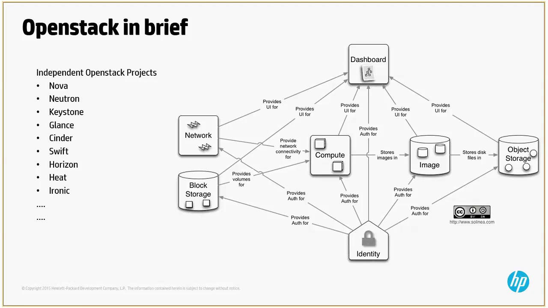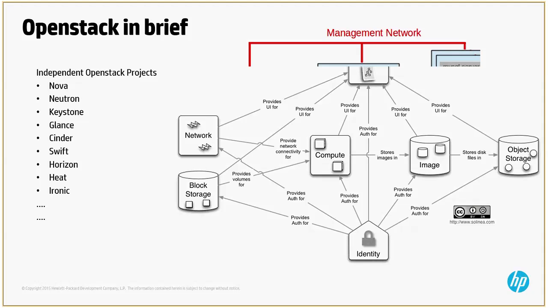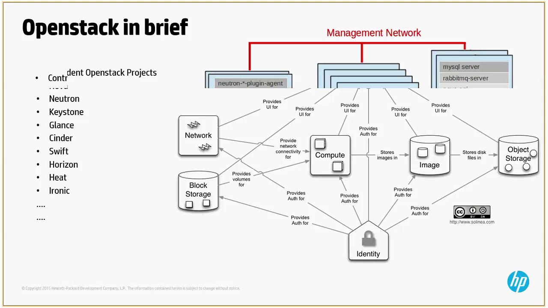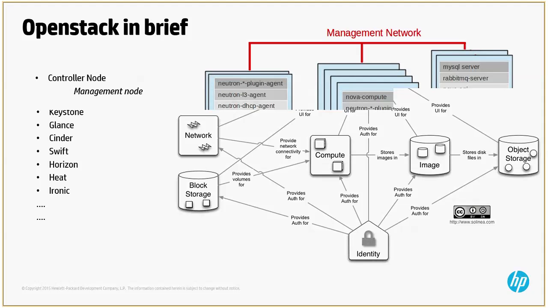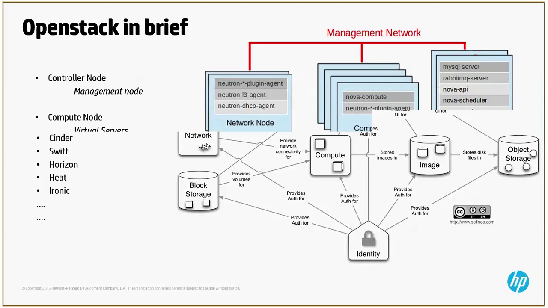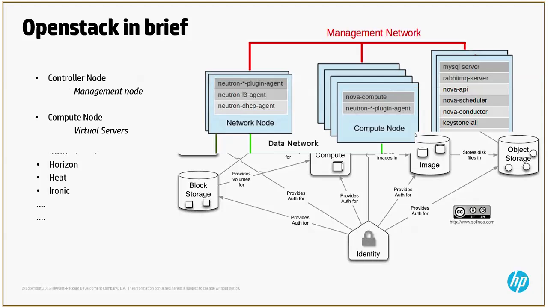Similarly, we need the Neutron component. So all these combined form an OpenStack. To deploy this OpenStack, for example, I'm showing another slide with a couple of nodes known as the network node, compute node, and controller node. A cloud controller node consists of the management related APIs and services that are present in OpenStack.